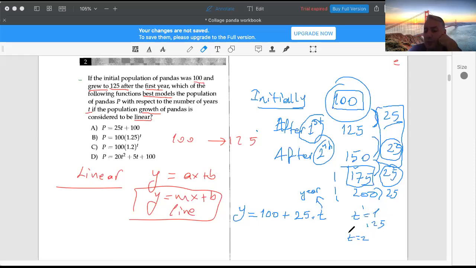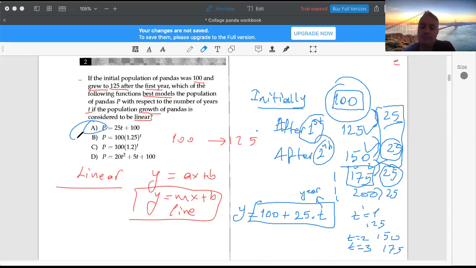When t is 2, 2 times 25, 50, 50 plus 100, 150. When t is 3, 3 times 25, 75, 100 plus 75, 175, which I already explained here. That means the formula works. So do I have this formula in the options? Let's check.